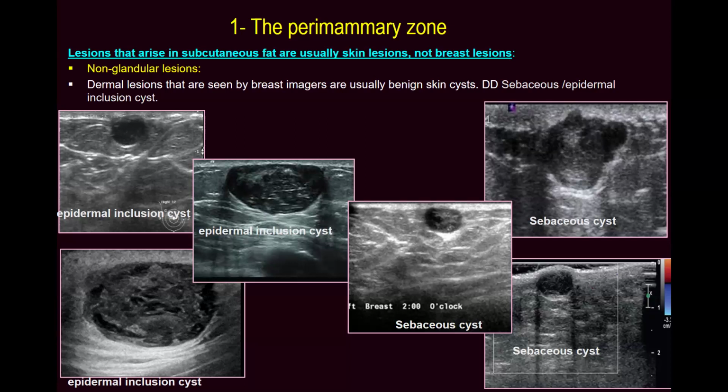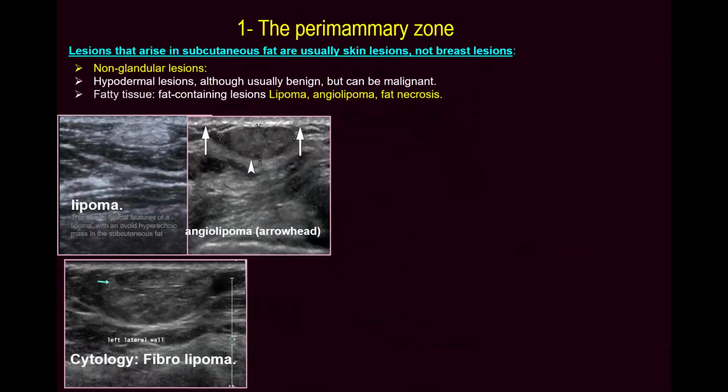By imaging, it is difficult to differentiate between the two. Here we have an example of epidermal inclusion and here an example of sebaceous, but they look more or less similar. So usually we just raise the differential diagnosis for clinical correlation.